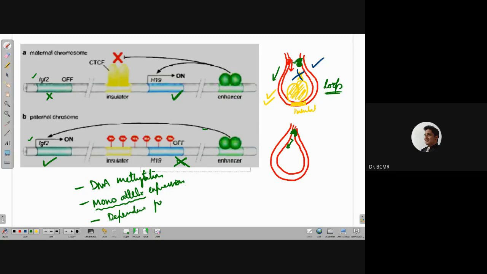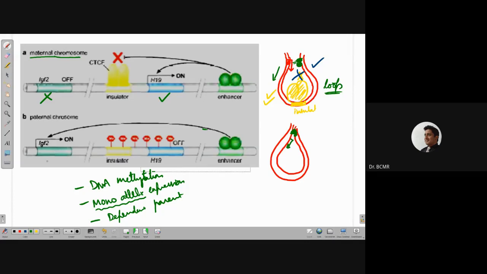on parent of origin. Parent of origin in the sense here is about which is expressed from the paternal chromosome and which is expressed from the maternal chromosome. H19 is always expressed from the maternal chromosome and IGF2 is always repressed on the maternal chromosome.